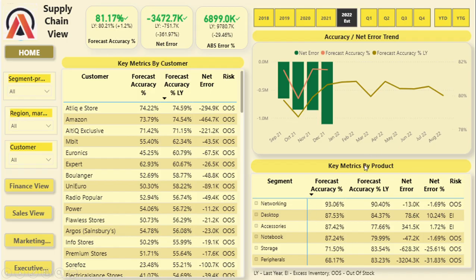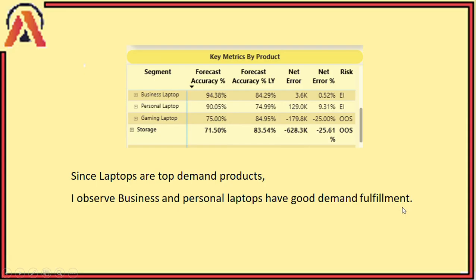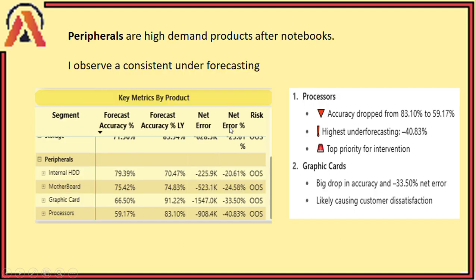So this is my supply chain view, and here I have given key metrics by customer, and here by product. When I check deeply into the product, for the notebook laptop, because it is the highest demand product, I see that for the business laptop and the personal laptop we have good demand fulfillment. The forecast accuracy is very good. But after that, I checked peripherals, which are high demand products after notebooks, and I observed consistent under forecasting.